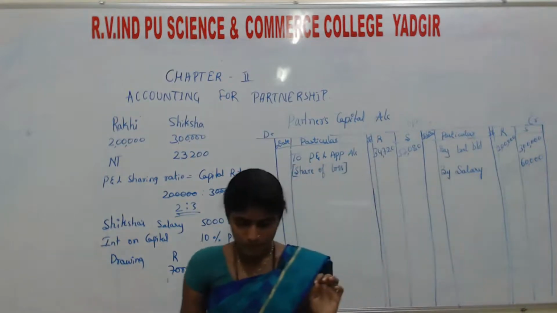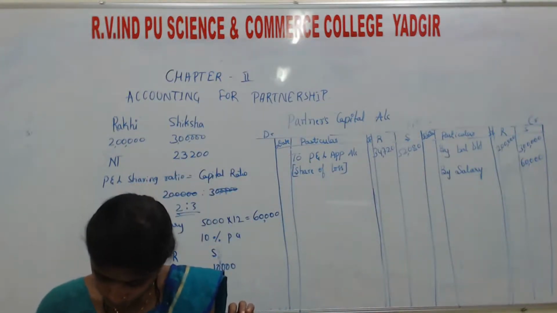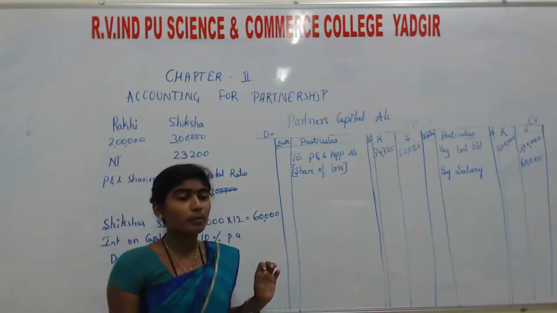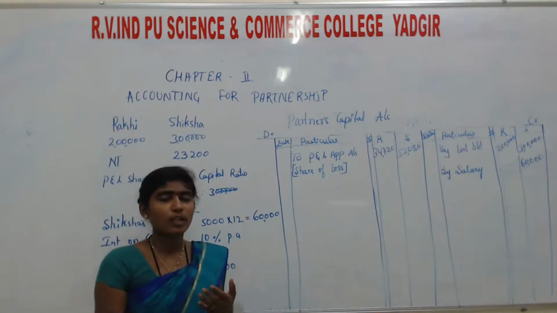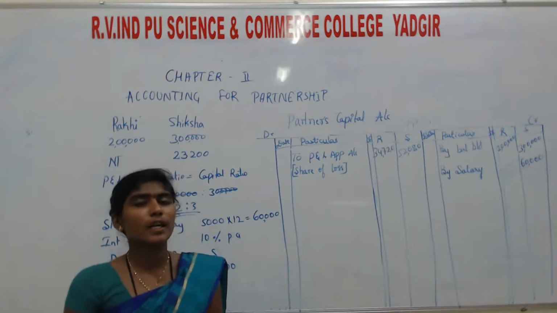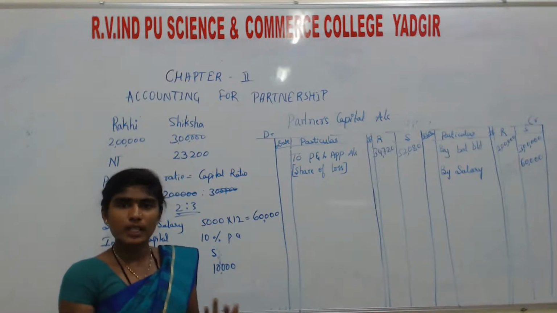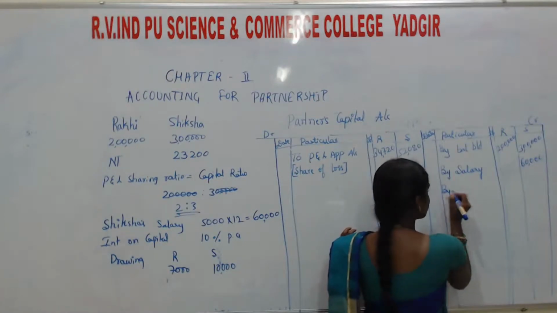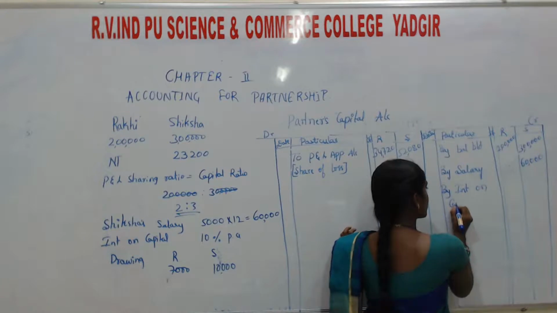Then after that, interest on capitals at the rate of 10% per annum. Interest on capital for a firm is an expenditure, no? But for a partner, that is an income. So credit side by interest on capital.